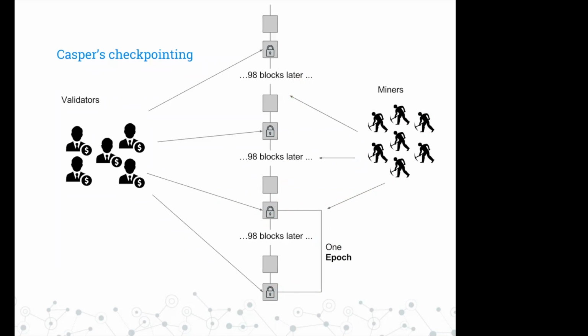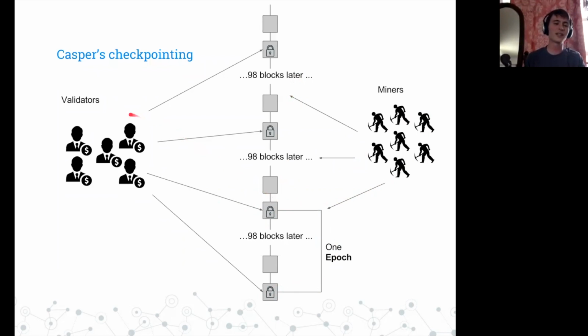After how many blocks will this checkpoint be done? Because at the 100th block, there might still be uncles. Will it take a few blocks after the 100th until the checkpoint is made? Yes, exactly. The validators are only rewarded for converging on a single chain, right?